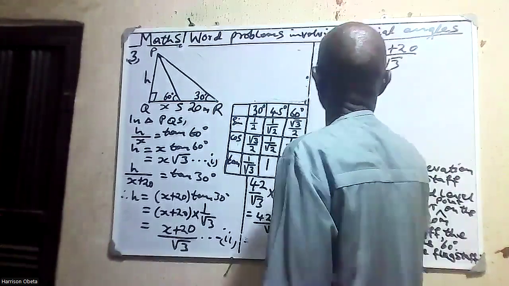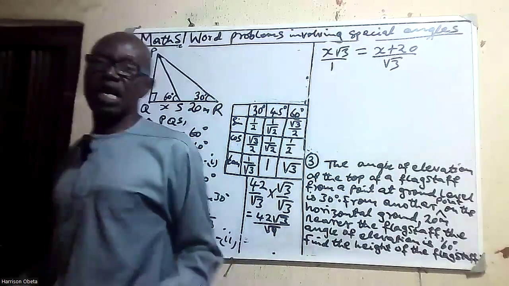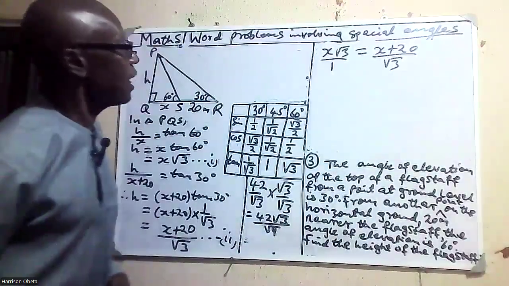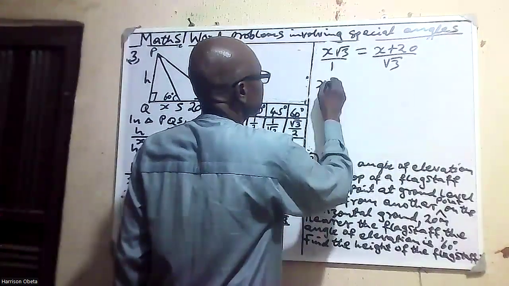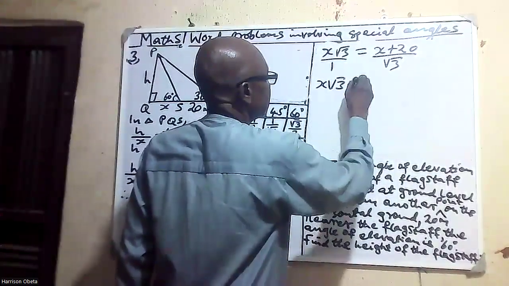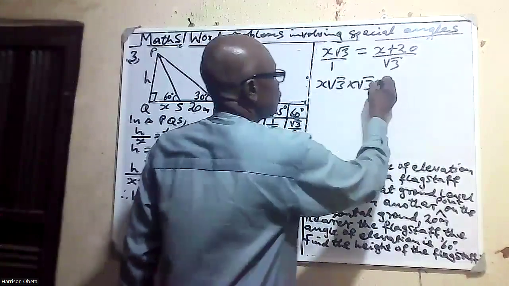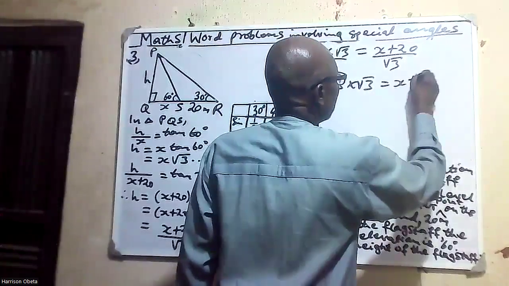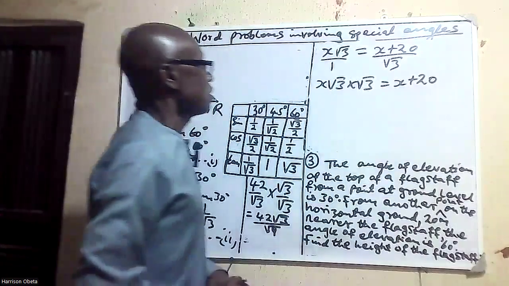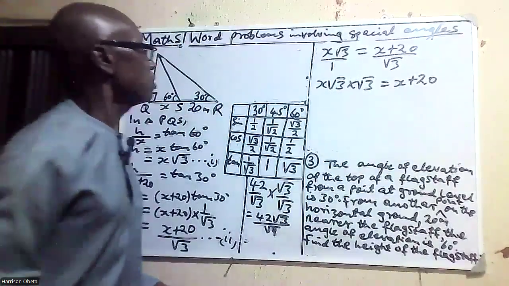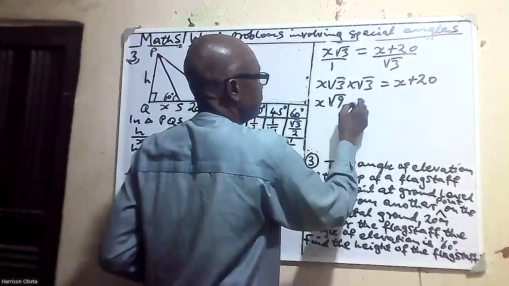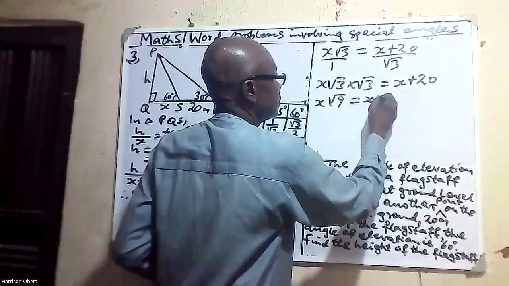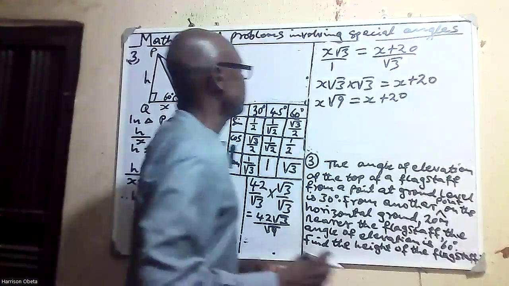This should be over 1. So you cross multiply, and we are now going to have x root 3 times root 3 is equal to x plus 20. And then that will give us x root 9 is equal to x plus 20.